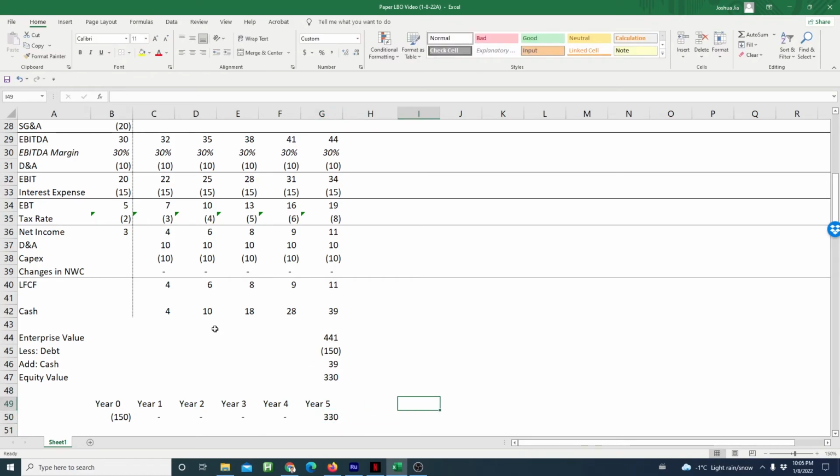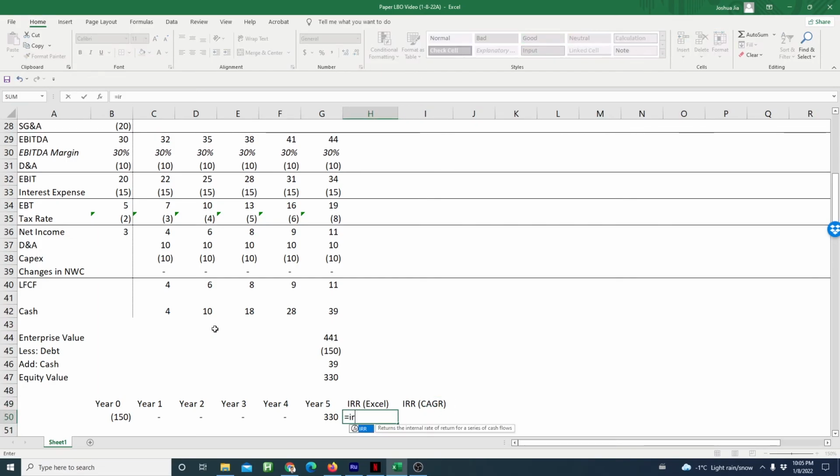So I'm going to do this 2 ways. First, I'll show you the IRR Excel method, and then I'll show you the IRR CAGR method, because if you're doing a paper LBO, you won't be able to use the formula. But I'll show you the formula first. It's just equals IRR, and you select from year 0 to 5, which is 17%.